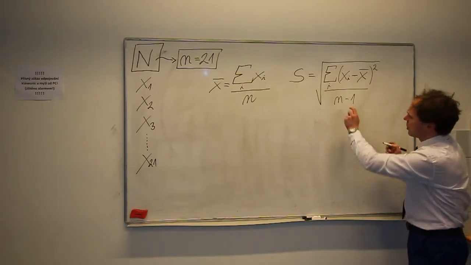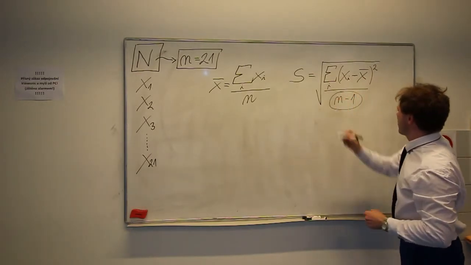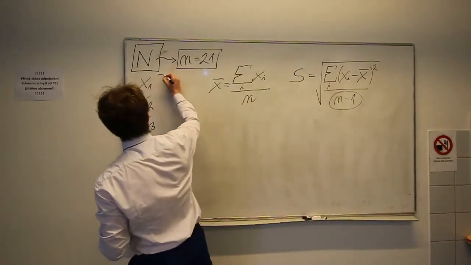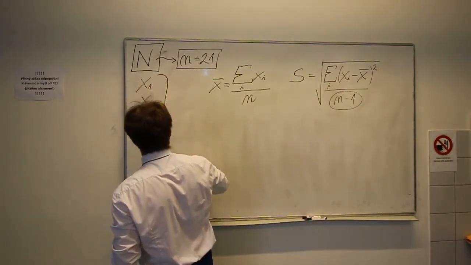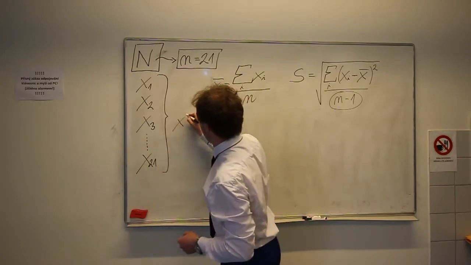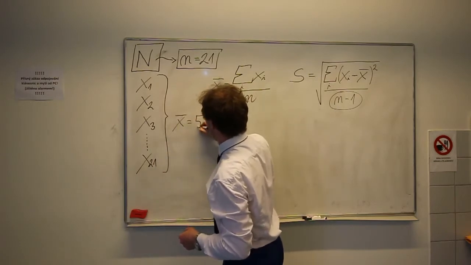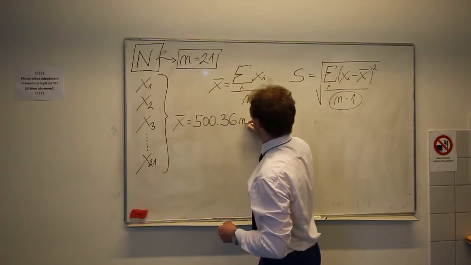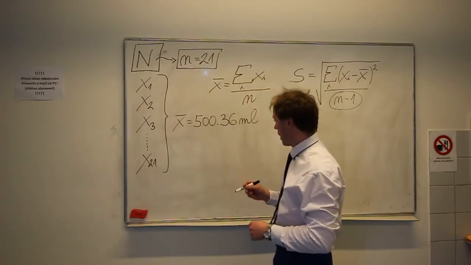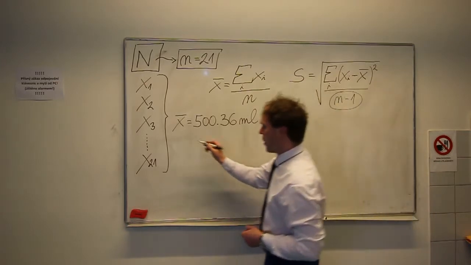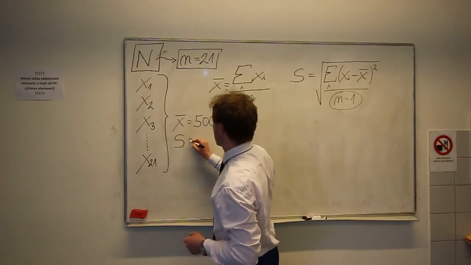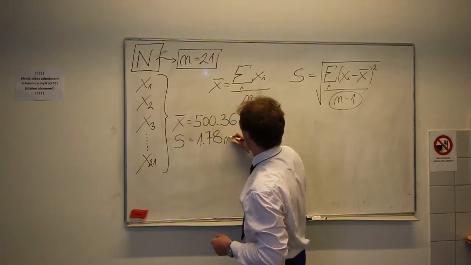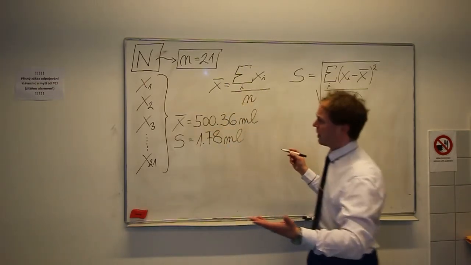This is very important. So we have calculated sample statistics: a sample mean equal to 500.36 milliliters of beer, and a sample standard deviation of 1.78 milliliters of beer.